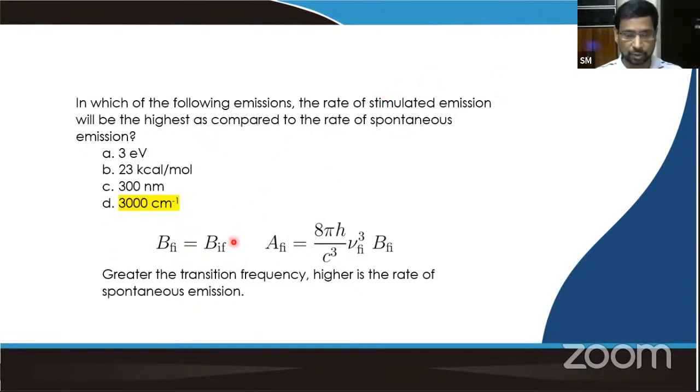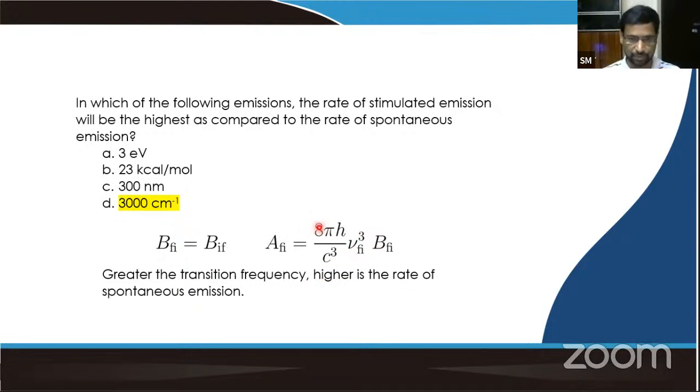So the coefficients B are for the absorption and stimulated emission. We have three Einstein coefficients, A and B. We know the two B coefficients are equal, and the spontaneous and the stimulated emission coefficients A and B are related to each other by this relation.